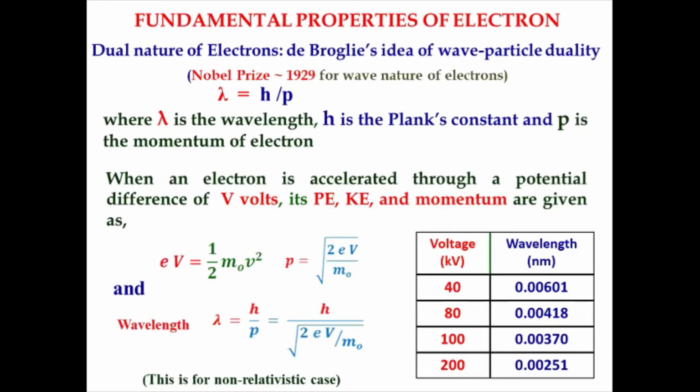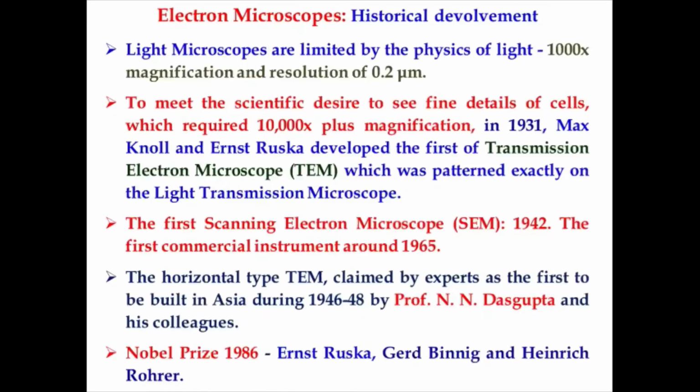But practically this is not possible. The basis is making use of electrons as a source and accelerating them to a certain potential difference so that their wavelengths will be smaller. As a result, we can get a higher resolution. That was the analogy, and based on it, electron microscopes were invented and introduced into the market.